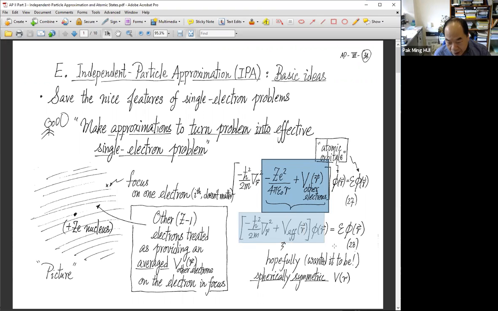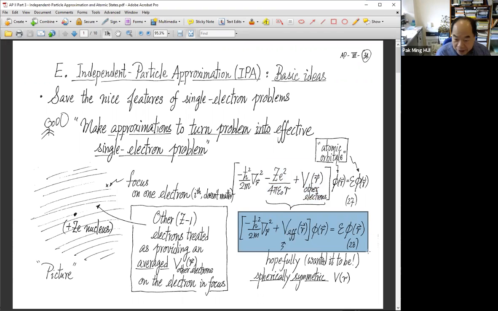So with this, life becomes very easy. Suddenly, it goes back to something like what you did in the central force chapter in your QM1 last term, okay? You have that chapter, okay? I read the notes very nicely.